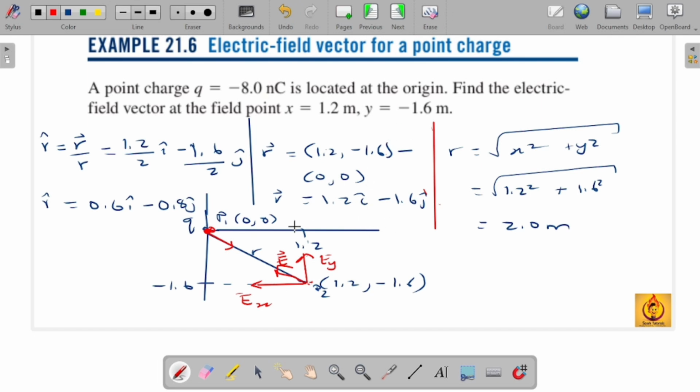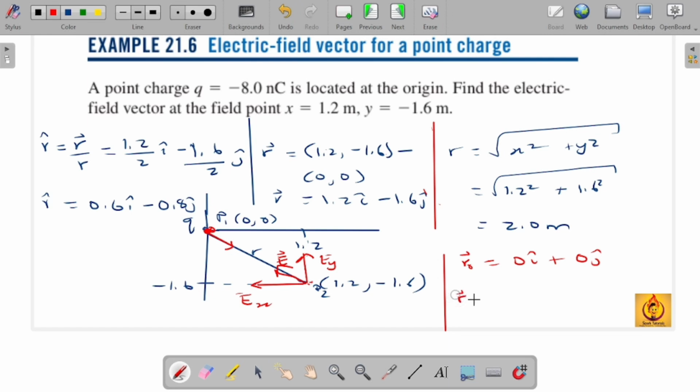Sometimes you will be given position vectors. As we said in our last session, when we have a position vector, they are saying that the position of this charge is at the origin. So the vector associated with it, you just take its coordinates. R0 is 0 i hat plus 0 j hat.